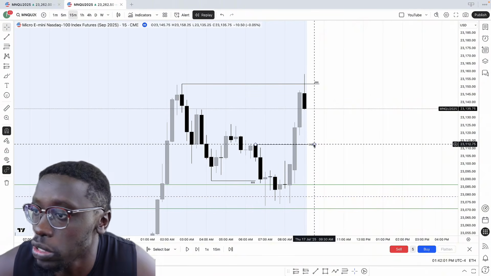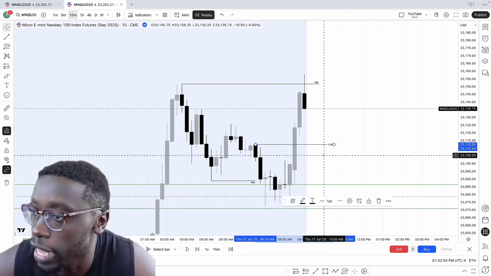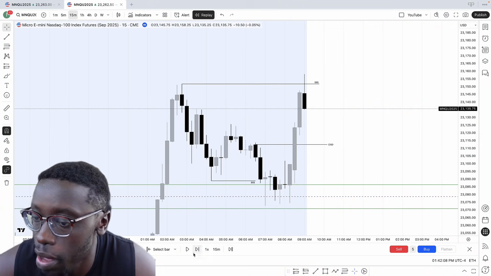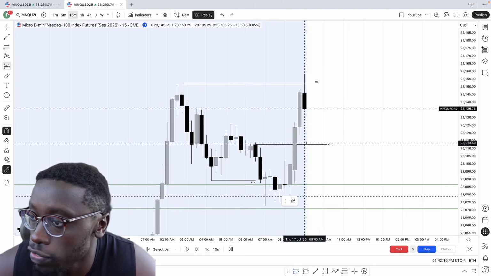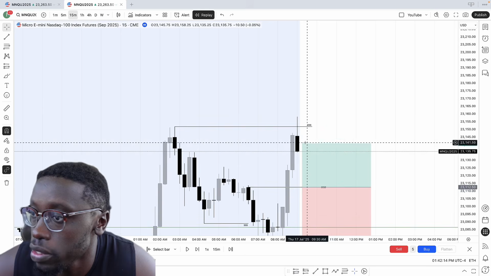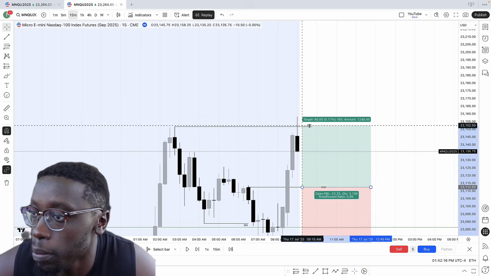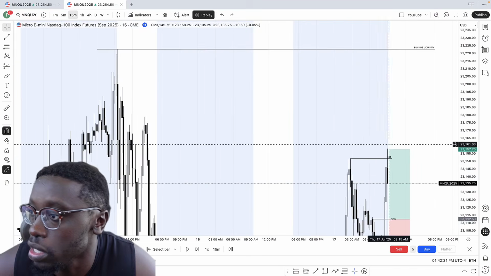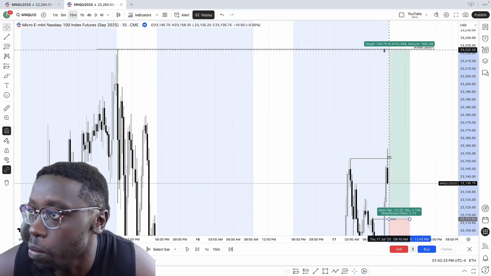And when we did, I was looking now for a potential entry on this level here that swept this liquidity into this 4-hour gap, right? I was looking for an entry here with my stop loss below here, targeting this high here, and potentially also the all-time high liquidity that was resting here.